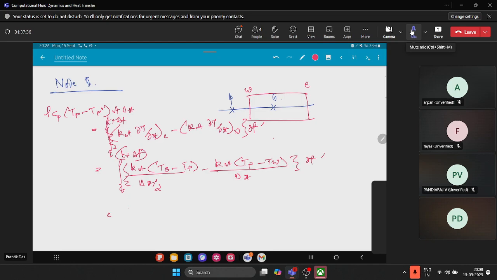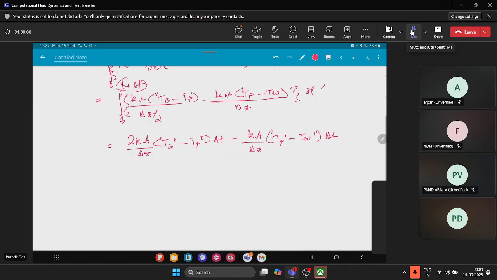Okay, so 2k, k by delta x (Te naught minus Tp naught) multiplied by delta t. Since we are using the explicit scheme, I can directly put the initial value of the temperature at that time step multiplied by delta t, minus k by delta x (Tp naught minus Tw naught). So it can be reduced further.